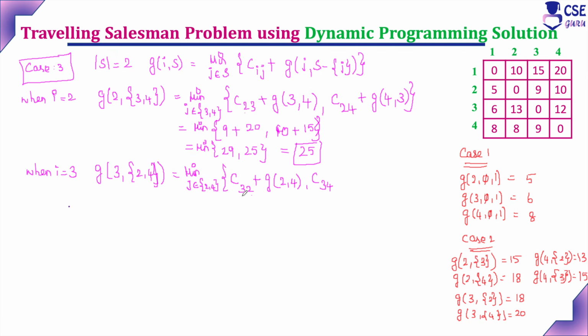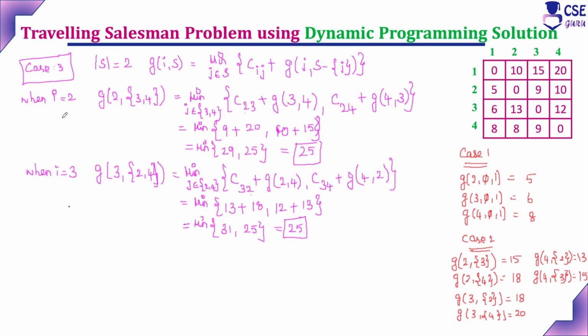Here, after visiting the third city, you can visit 4, plus the remaining function, after visiting fourth, G of 4, comma 2. You need to visit 2. So here we will get minimum of C of 3, 2. 3 to 2 cost is 13 plus G of 2, comma 4 cost is 18. 3 to 4 cost is 12 plus G of 4, comma 2 cost is 13. So, minimum of 31, comma 25. 25 is minimum.